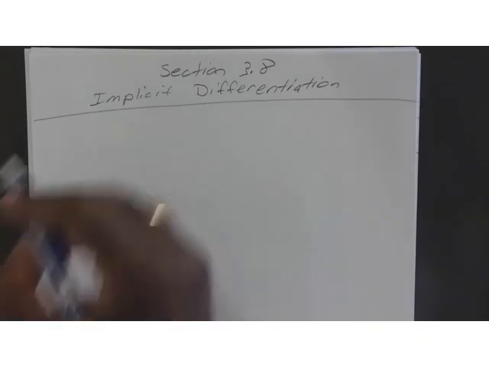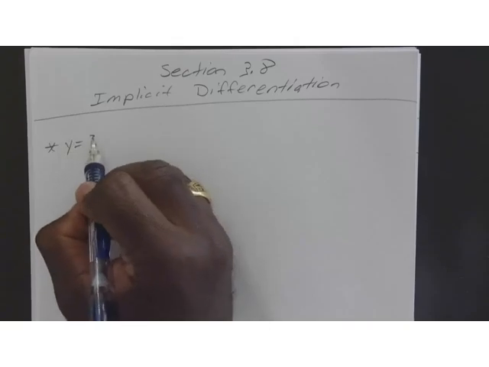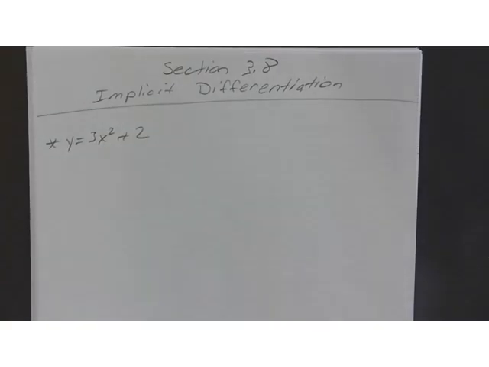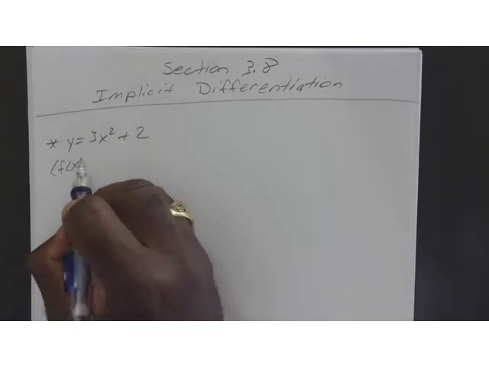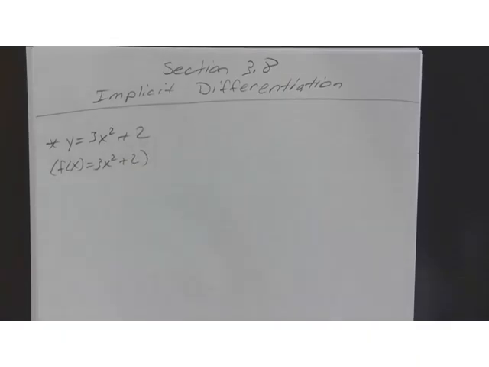So let's say if we go back and we look at something like y is equal to 3x squared plus 2. Or you can rewrite that, since y is equal to f of x, you can also say f of x is equal to 3x squared plus 2. Okay.